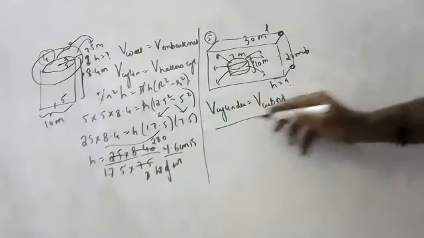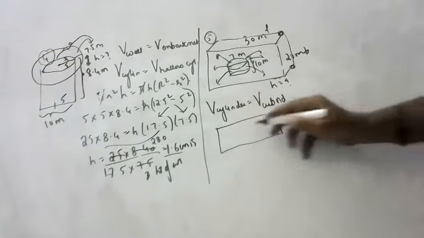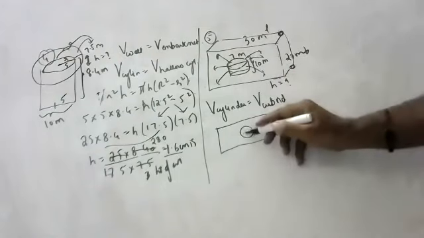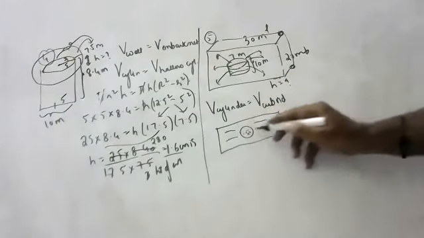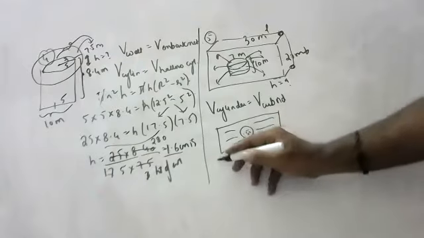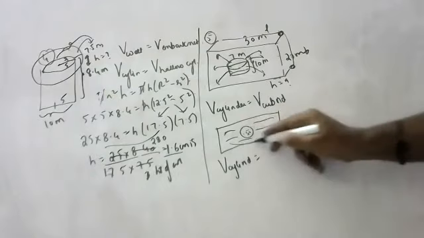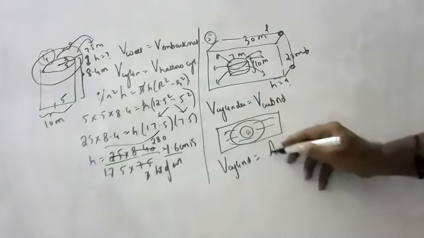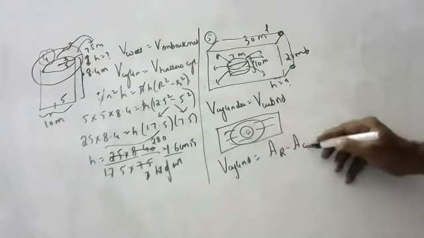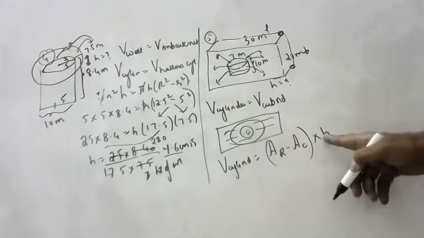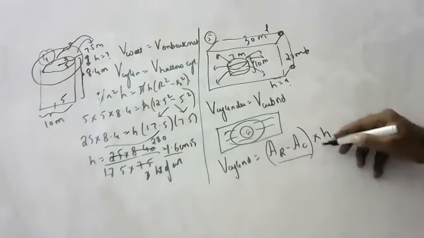See children, this is a rectangle. In the rectangle, a circular well is dug. So the remaining portion means area of rectangle minus area of circle into height, because volume is area into height.